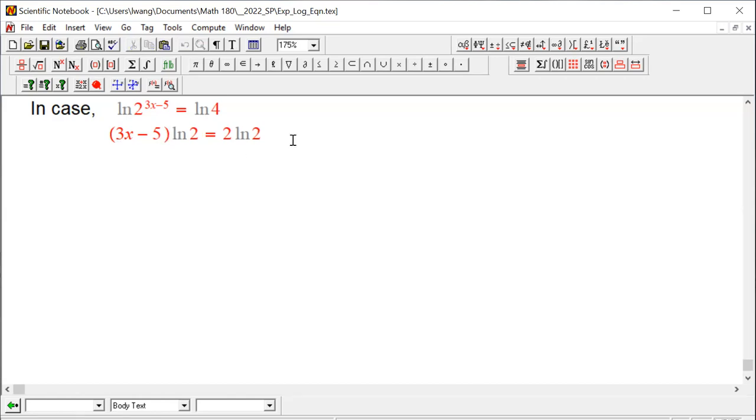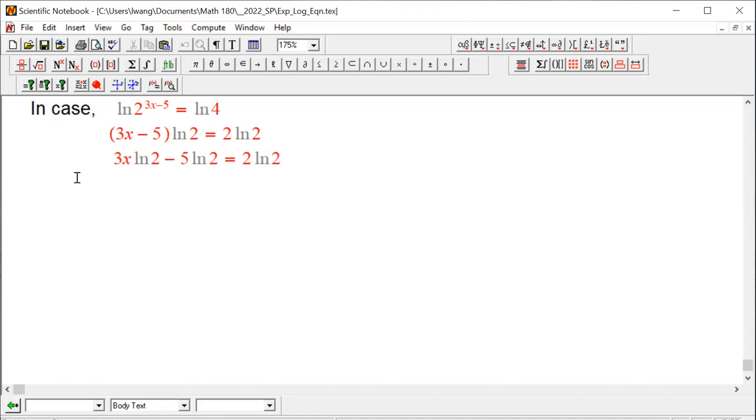I want to talk about this because in the future you may encounter a situation where you have to do it. So you treat ln2 as a single number. ln2 is going to multiply 3x, so 3x ln2 minus 5 times ln2 equals 2 times ln2.